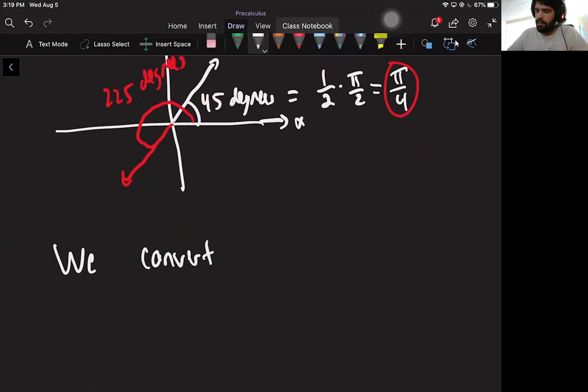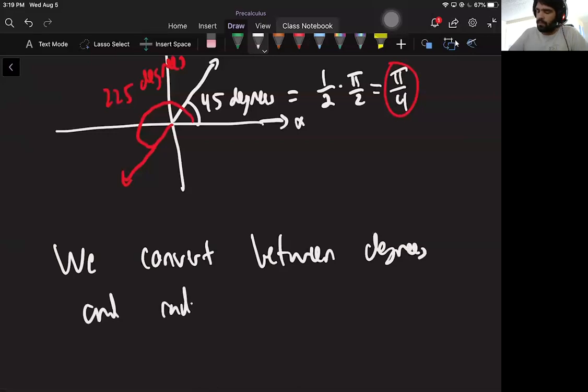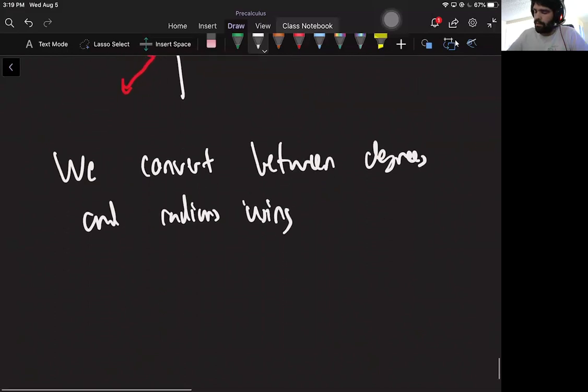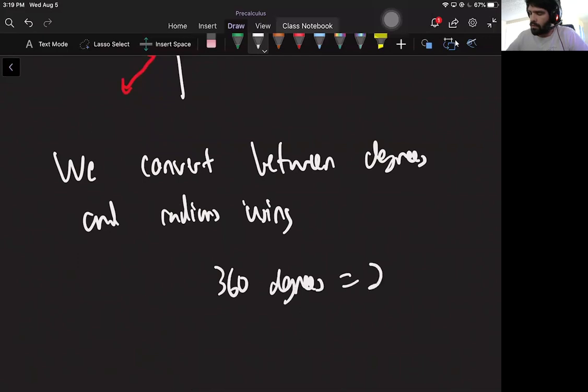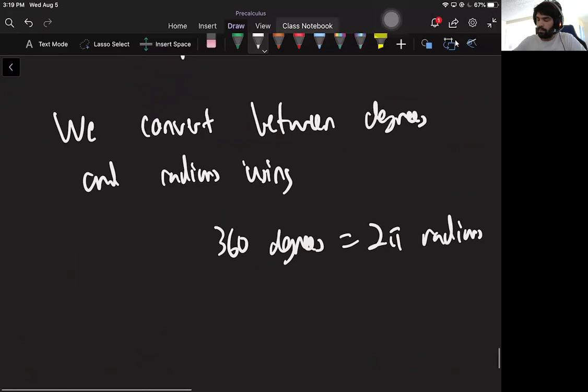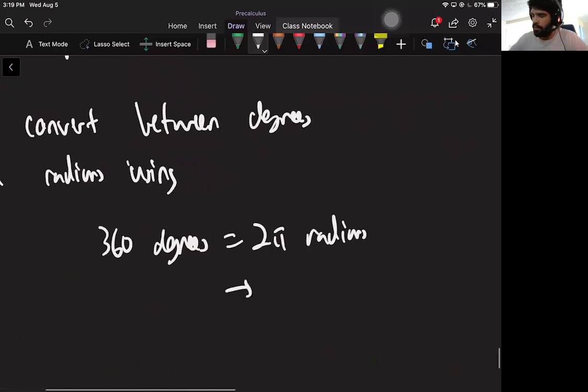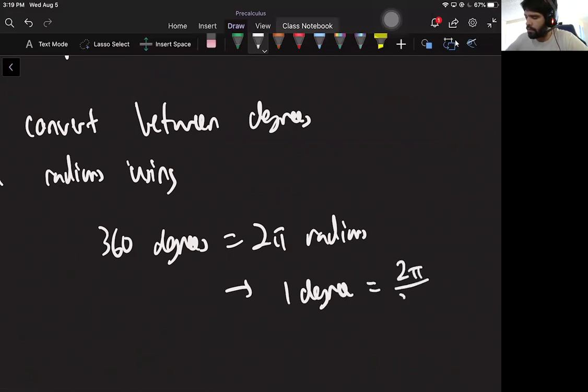So we can convert between degrees and radians by using that 360 degrees equals 2 pi radians. So then all you have to do is divide one side over the other. So you can say that 1 degree is 2 pi over 360 radians.